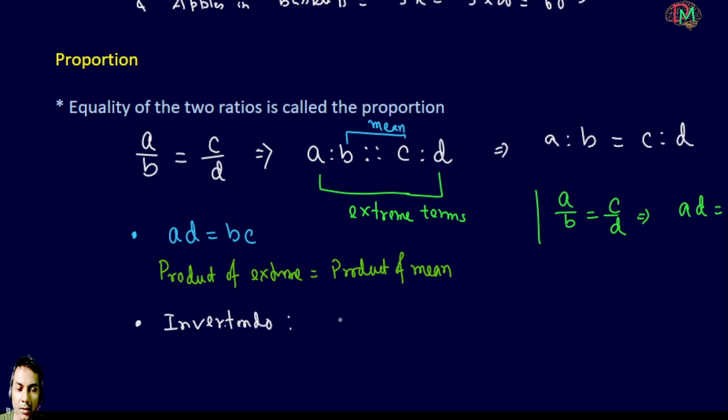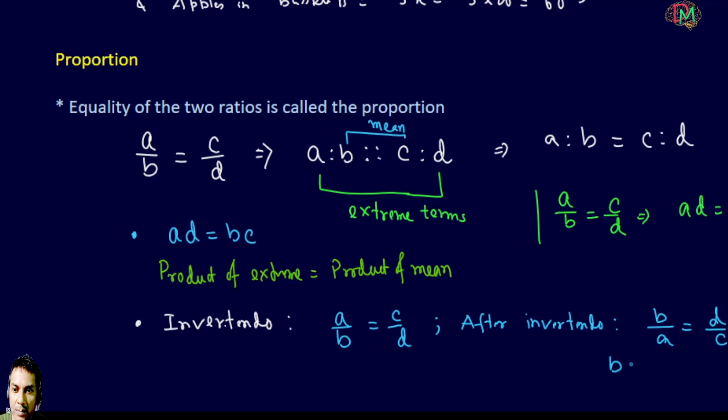The original proportion was A by B is equal to C by D. Now after invertendo we get B by A is equal to D by C, meaning B is to A is equal to D is to C. Clear? Now AD become means. B is to A is equal to D is to C.